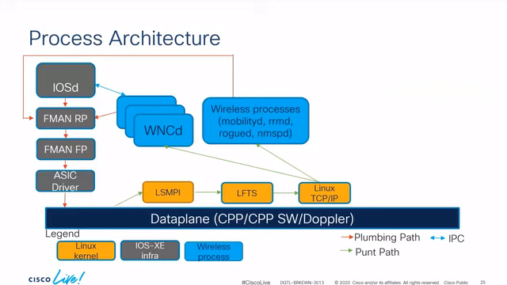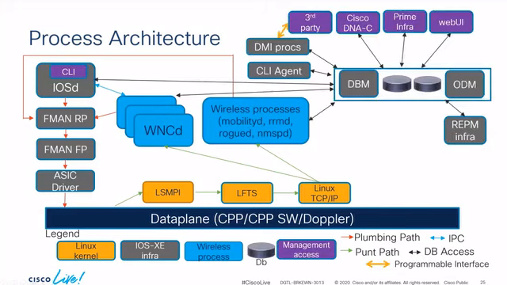Now you have the processes and you have the data plane, but how do you talk to them? Now on the 9800, each of the processes leverages a database of its own. Meaning all of the configuration that the WNCD manages for AP connectivity or client connectivity is saved in the form of a database. All of the operational data is also tracked as a database.